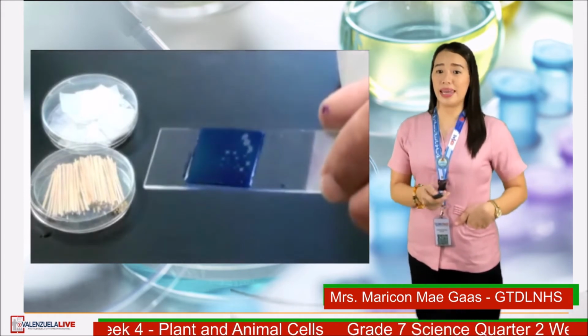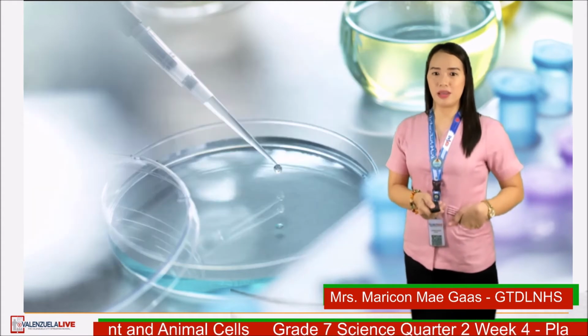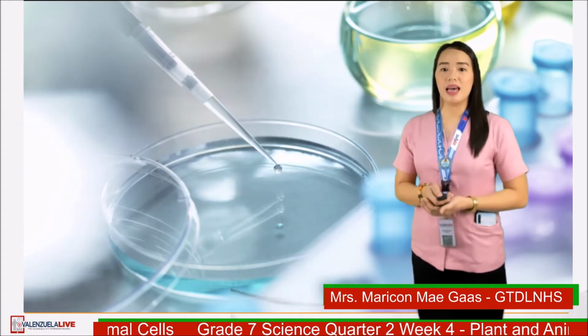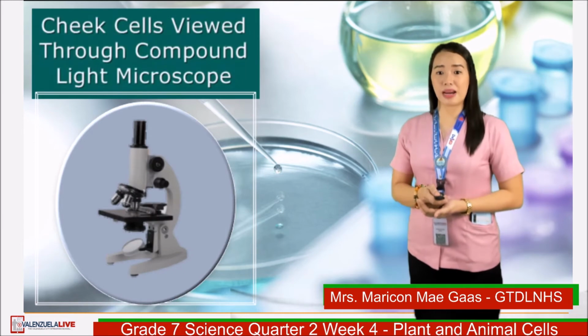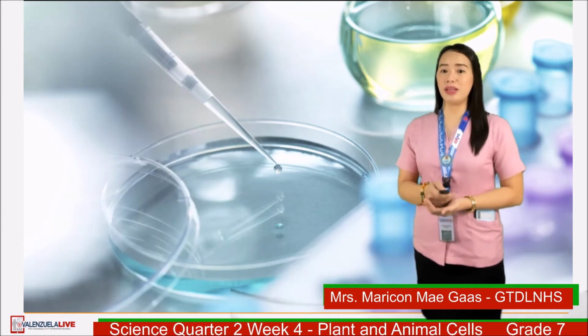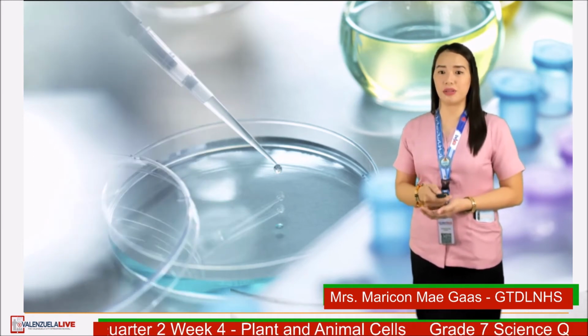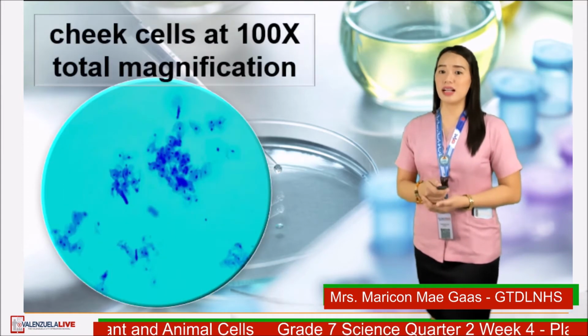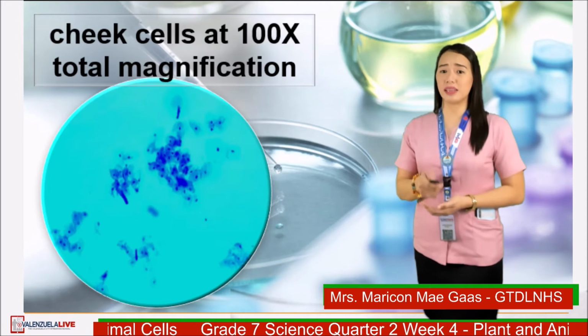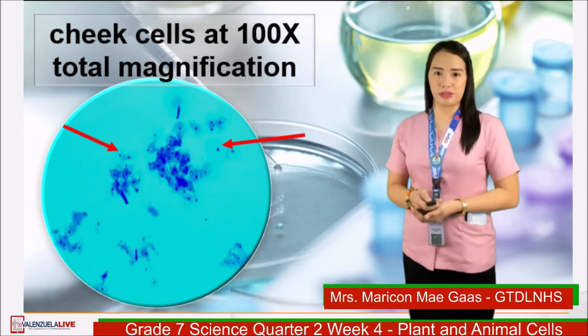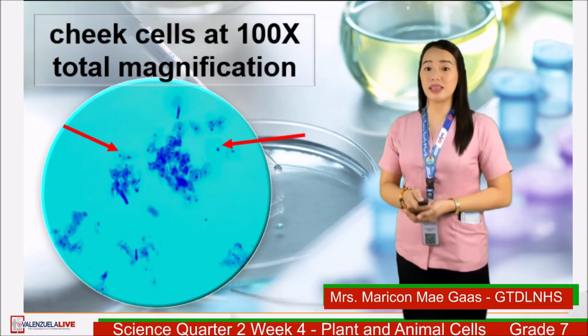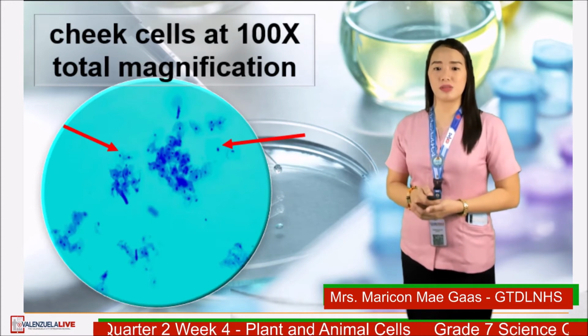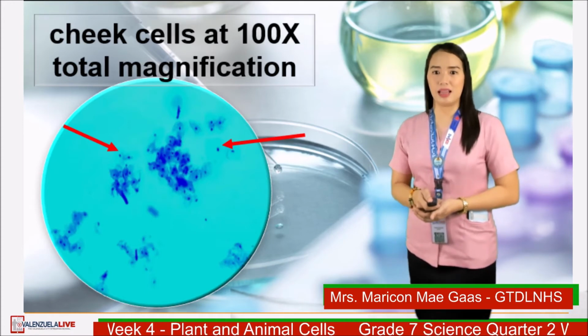To view and examine the specimen, we will be using a compound light microscope. I will show you different magnifications of cheek cells. Here are the cheek cells at 100 times magnification. The blue dot is actually the nucleus of the cheek cell.